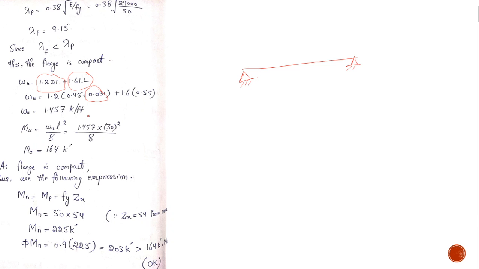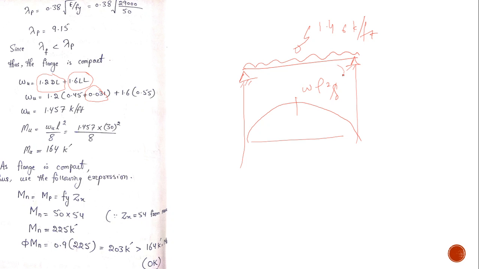This is the live load, and it is 1.46 kip per running foot. Because it is UDL, a UDL forms a second-degree curve, and the maximum moment is WL squared by 8. It comes out to be 164 kip-foot.